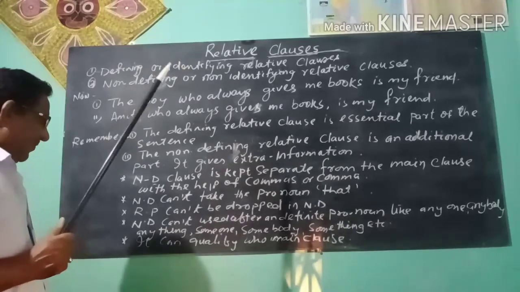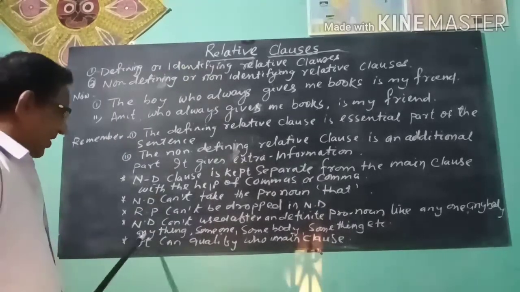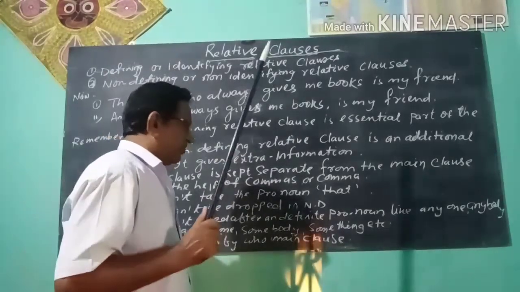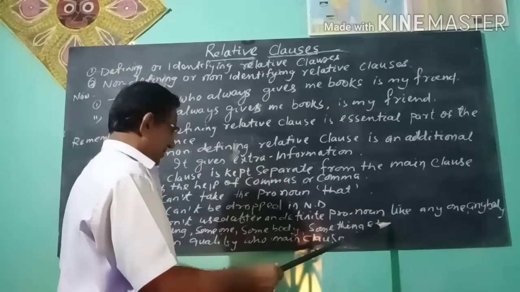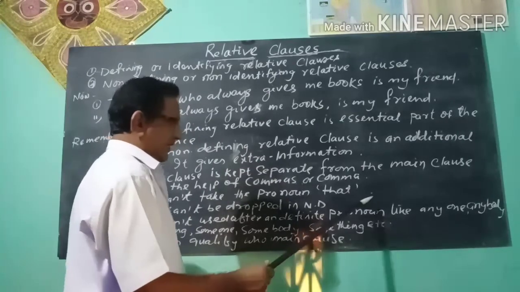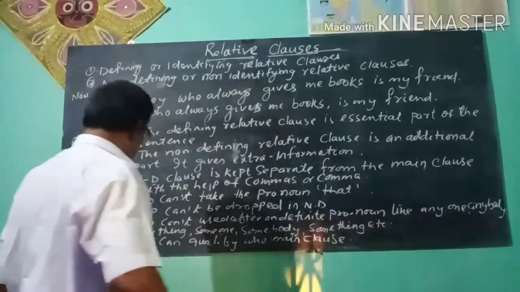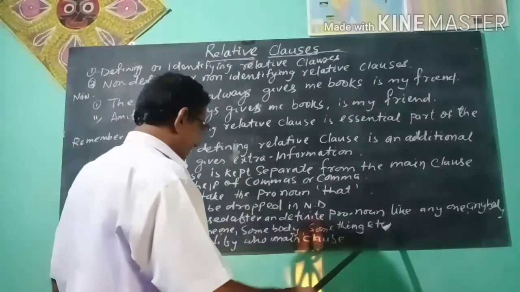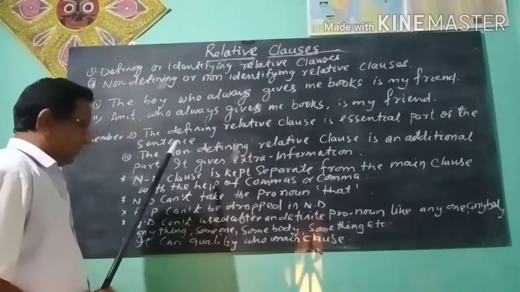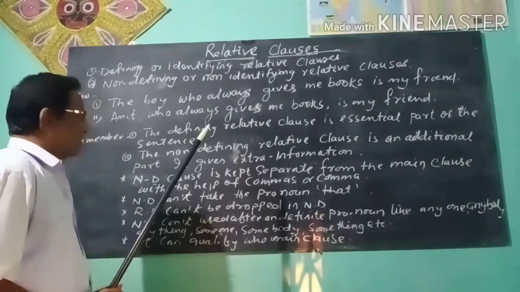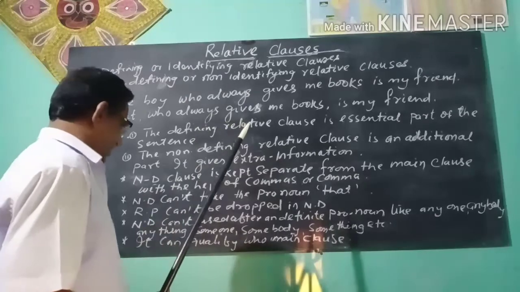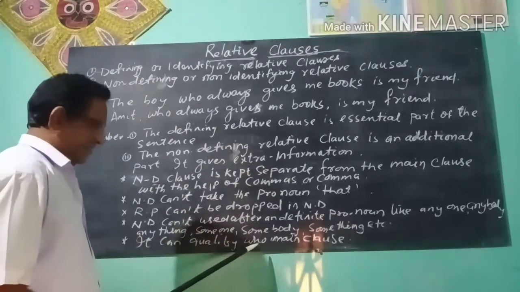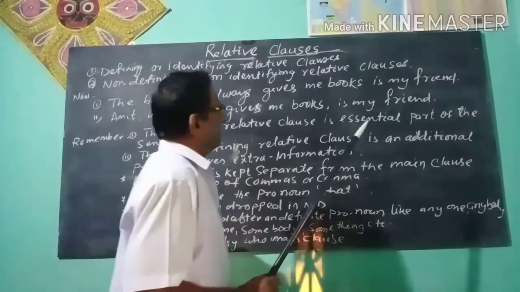And also another point to remember, non-defining clauses cannot be used after some indefinite pronouns like anyone, anybody, anything, someone, somebody, something, etc. So it can qualify the main clause.